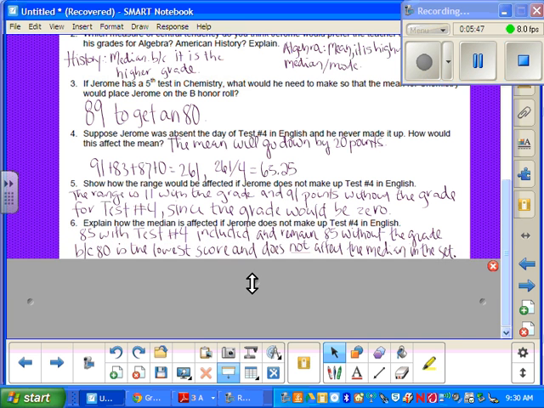Question number 6. Explain how the median is affected if Jerome does not make up test number 4 in English. The median will be 85 with the grade from test number 4 included, and remain 85 without the grade because 80 is the lowest score and does not affect the median in the set of 4 test scores.